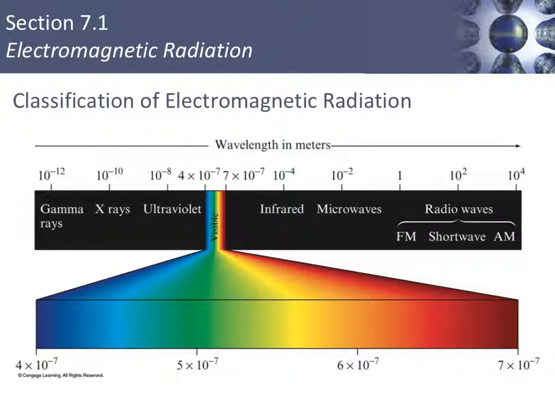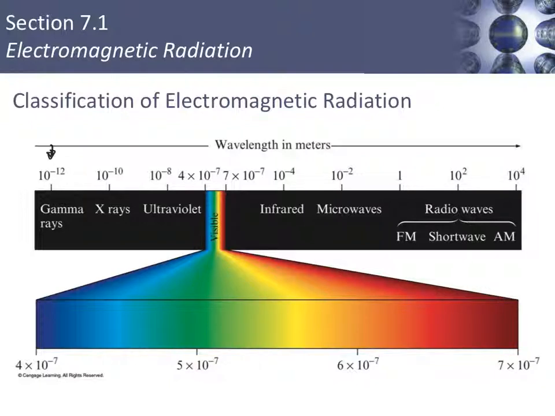Here's a representation of the wavelength related to different types of electromagnetic radiation. You can see that the shortest wavelength, which would mean the highest frequency, is gamma rays.